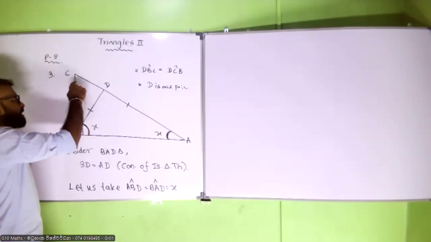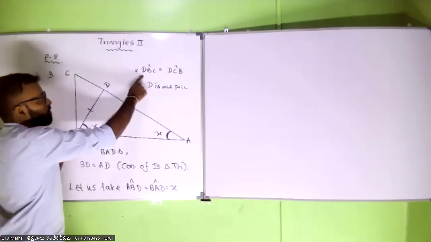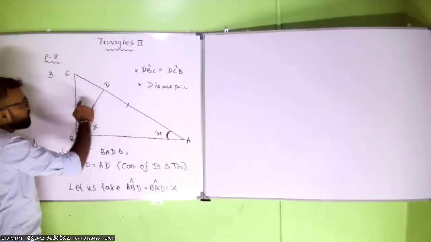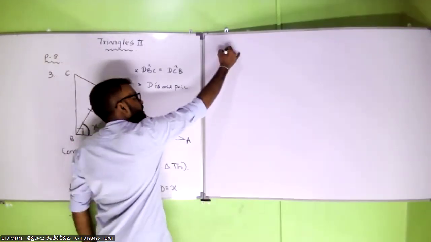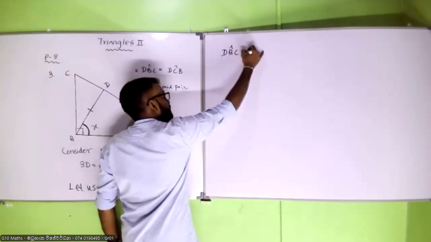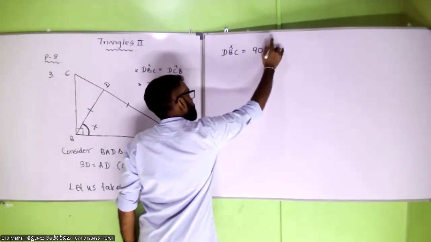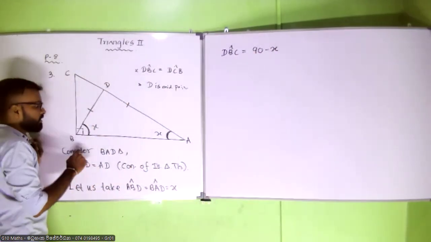So then I can write my DCB and DBC. I can show my DBC angle is equal to 90 minus X. Okay? The same thing that I have already used earlier.